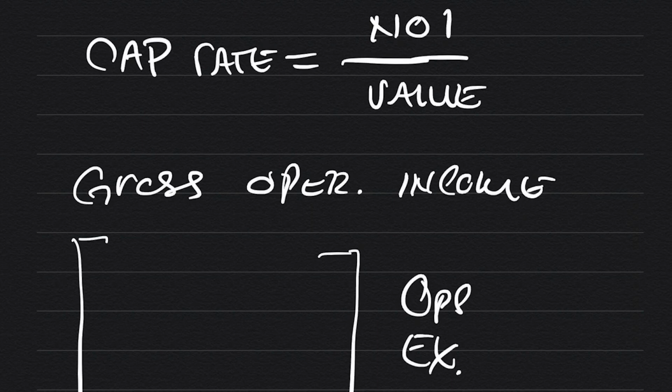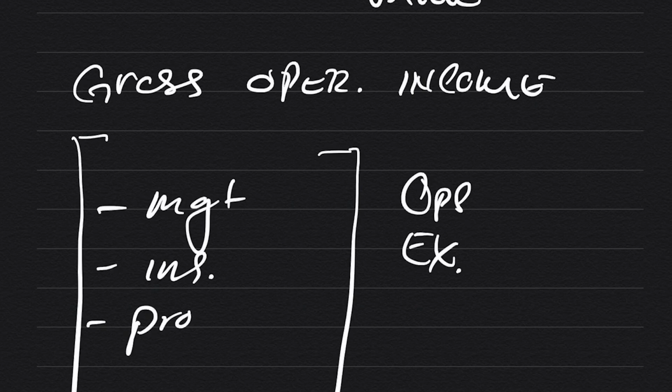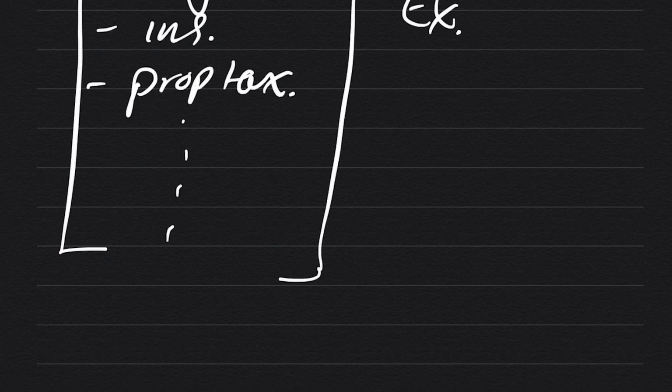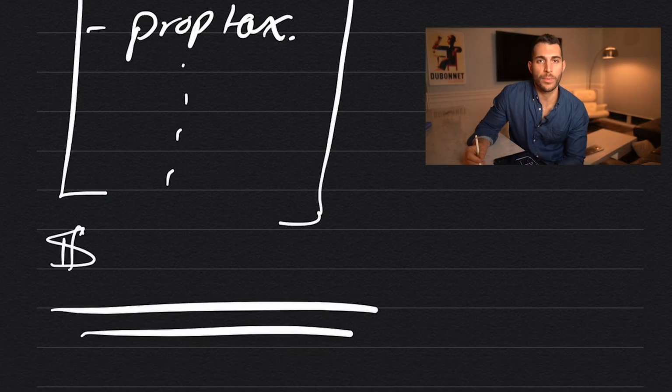Now in this fancy box here, these are all the subtractions that you would subtract from your gross operating income of the property or the rent of the property. You'd have management expenses, insurance expenses, property taxes, et cetera, and that would go down to produce your net operating income.